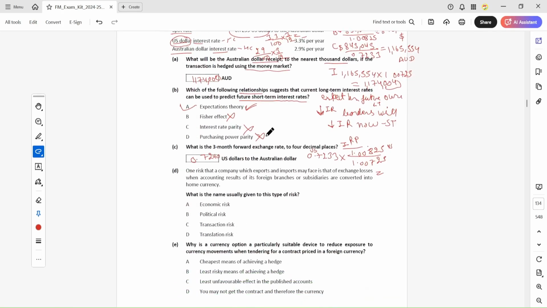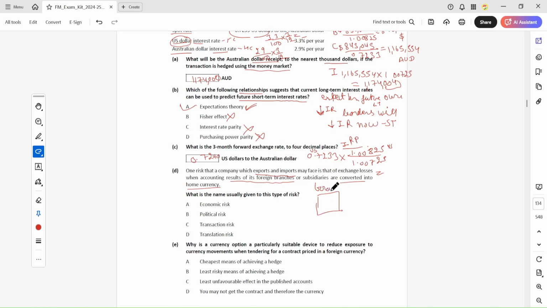Next: one risk that a company which exports and imports faces is exchange losses when accounting results in foreign branches or subsidiaries are converted into home currency. Which risk is this?